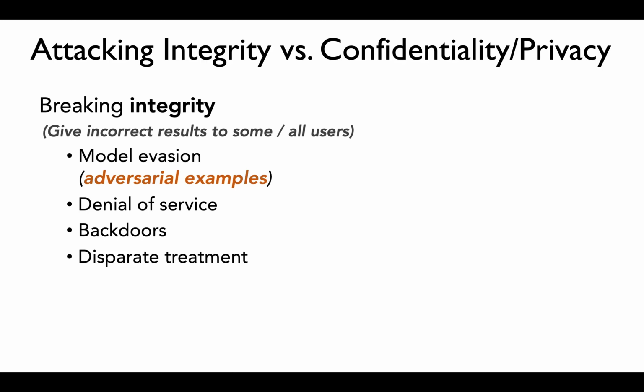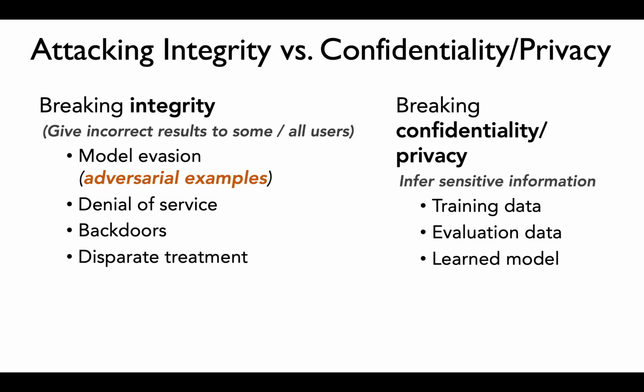In many cases, you can assume that the model parameters are known and you want to create an adversarial example based on that knowledge. The kind of attack at test time is known, in modern literature, as model evasion or adversarial example. You may also be launching other attacks which give incorrect results to some or all users. Whenever your attack is focusing on creating or getting incorrect results, you are basically attacking the integrity of the system.